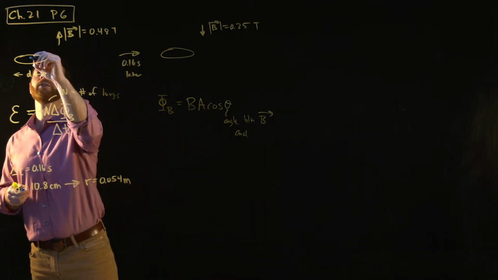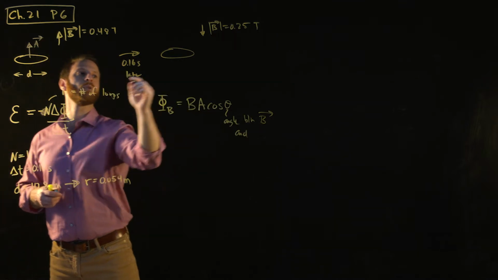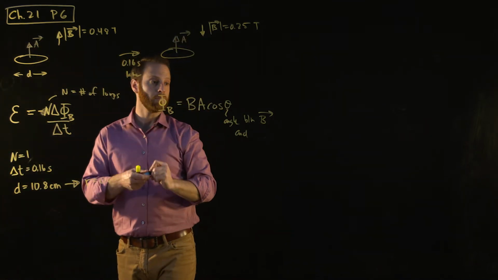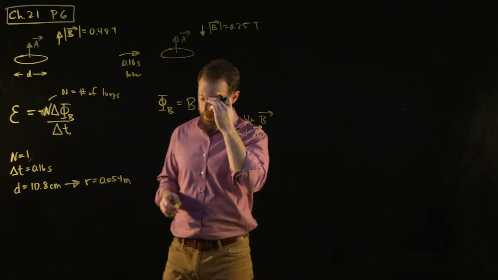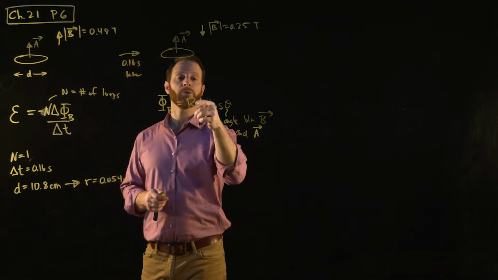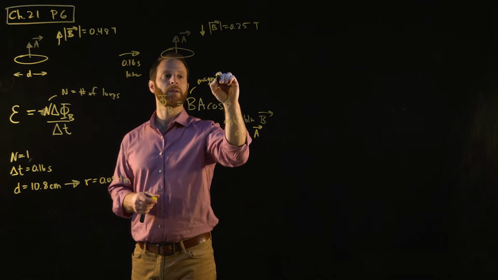I'm going to go ahead and just call this the area vector. It points normal to the area of the coil. So I'll call this like that. Okay. And when I write B and when I write A, these are just simply magnitudes. So just keeping that in mind.